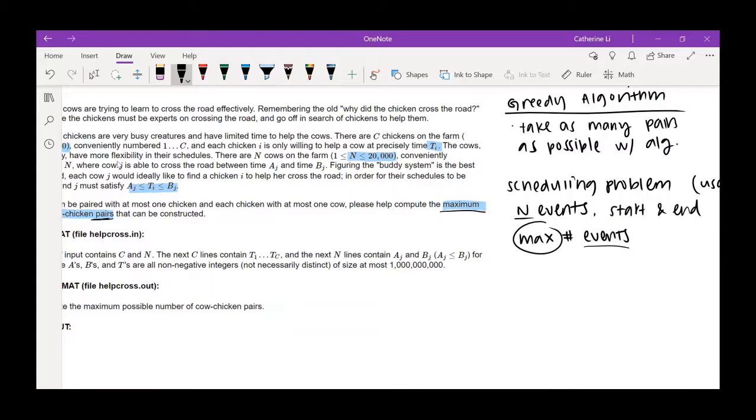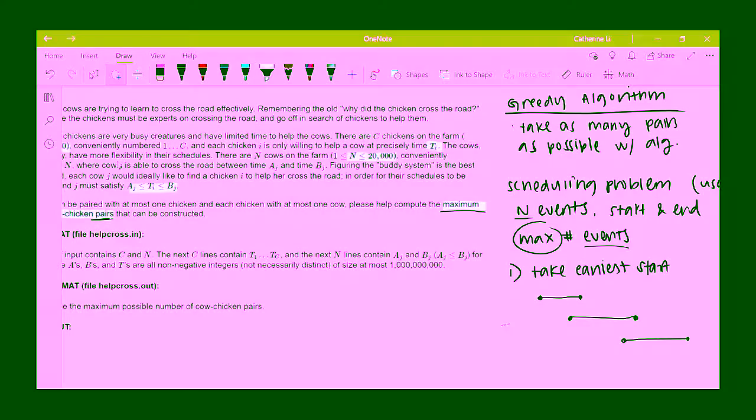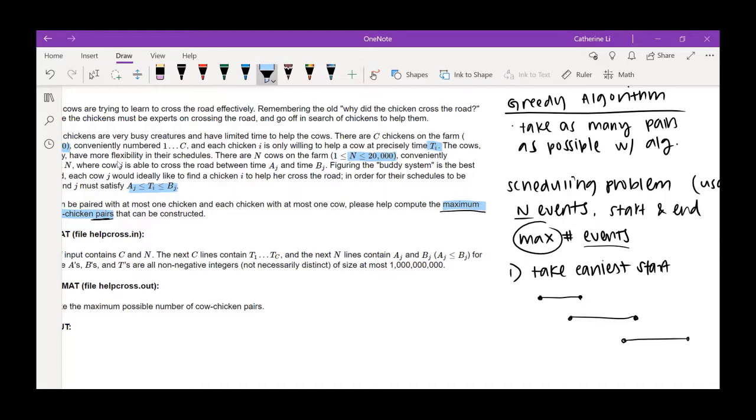The first thing that might come to mind to do this problem is we could repeatedly take the next event that starts the earliest. For example, if we have something like this, the first event is obviously the first event that we can go to, so we can just take it.